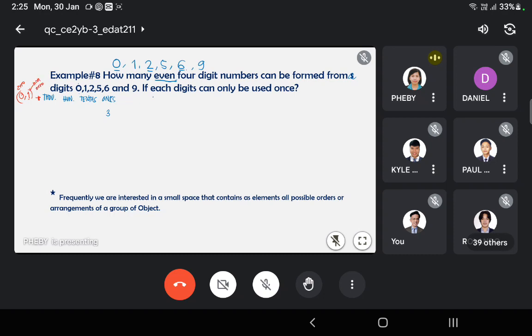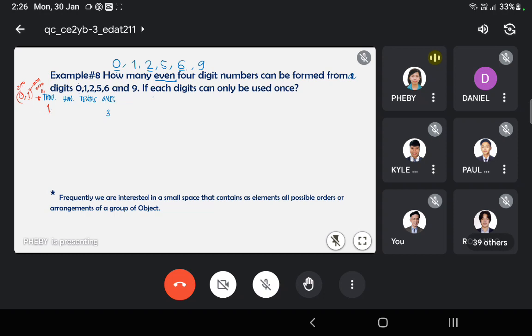Okay? So, ayan yung choices dito sa number 1 or n sub 1. Kaya ang n sub 1 natin, 4,000 is 1, which is ibig sabihin, non-zero, hindi 0.